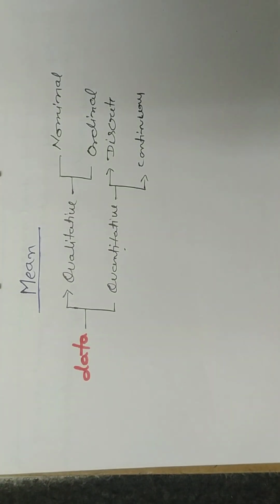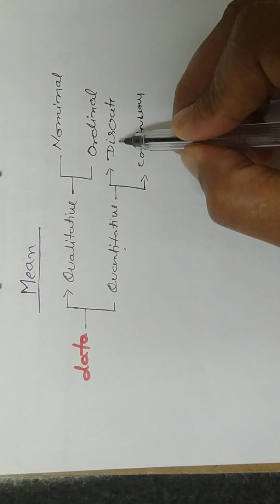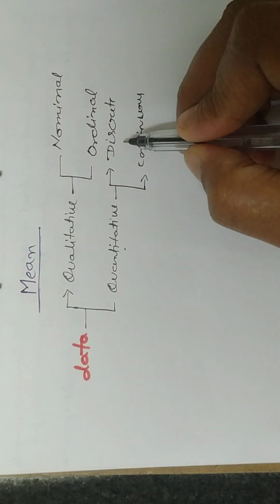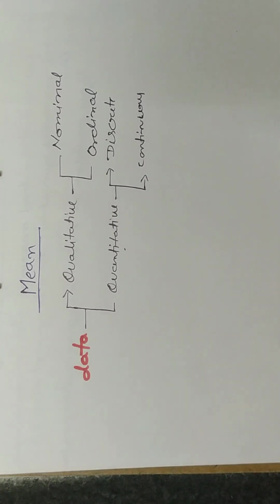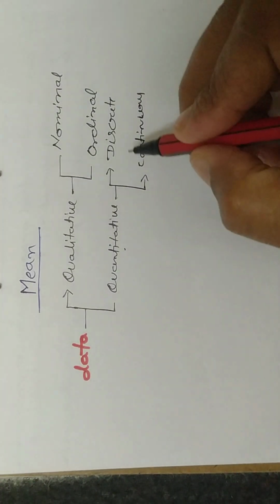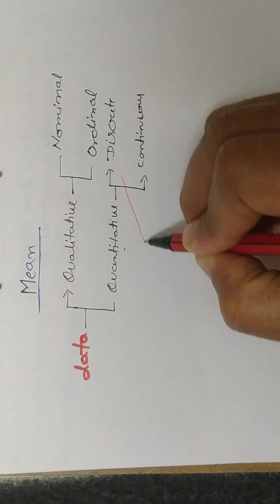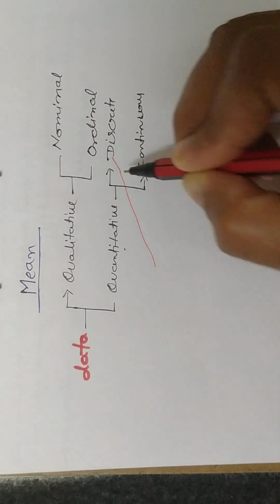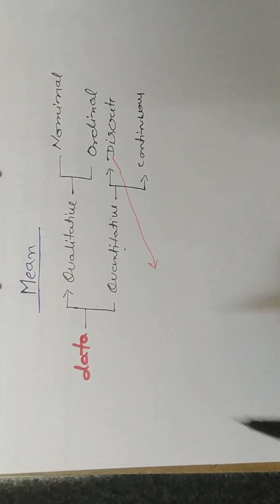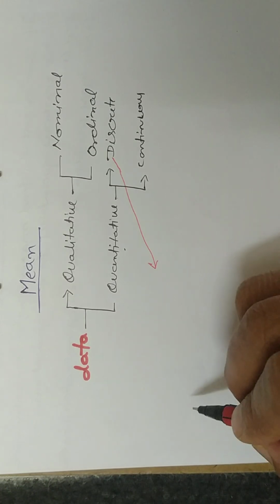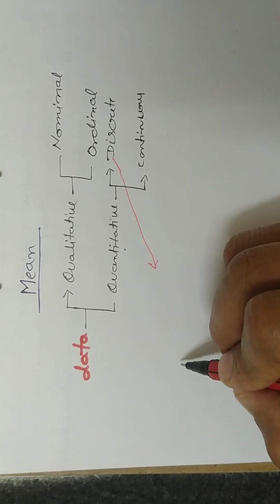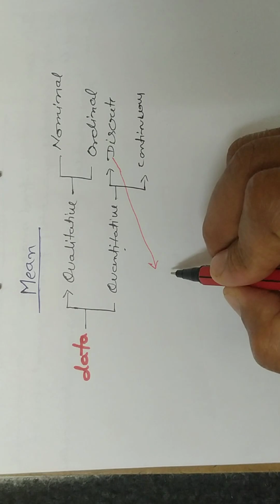Quantitative data is data which measures the quantity of any event. Now, the discrete data. We can easily understand the discrete data. The discrete data is data which we can count.